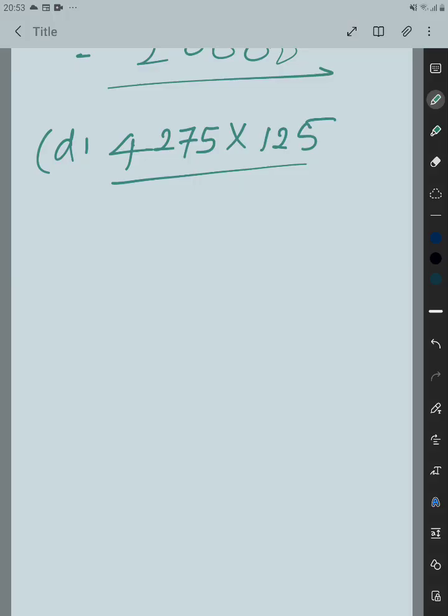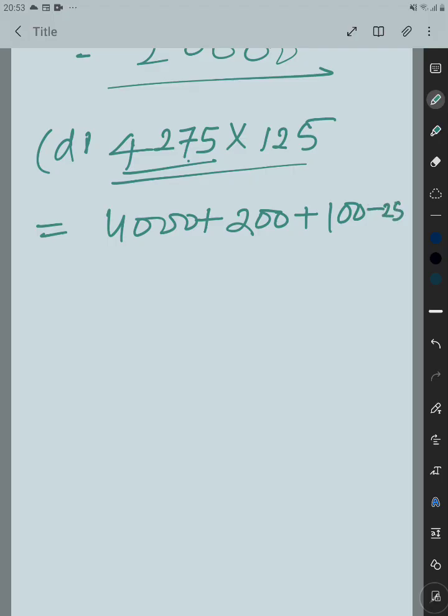Now this 4275 we can write as 4000 plus 200 plus 75, and 75 can be written as 100 minus 25. This whole is multiplied by 125.